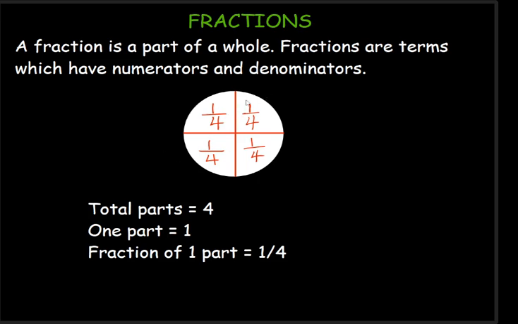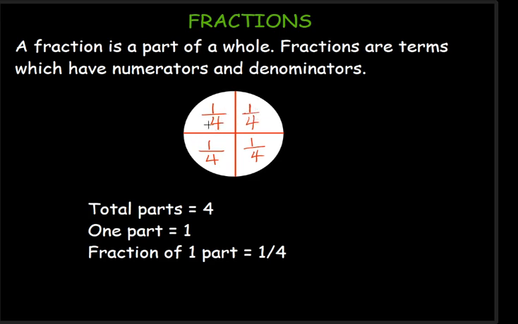We look at it from an example here. We have a circle, and this circle is divided into four parts. Normally each of these parts carries one, but if you want to take the fraction of each part, the fraction of each part is one part all over the total part.